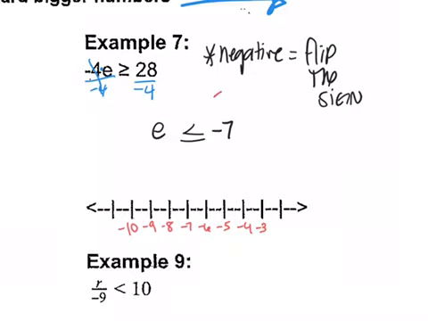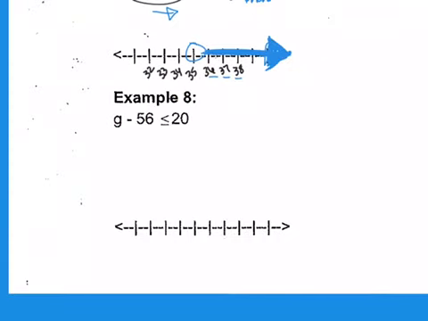So that's going to be a closed circle since it's got that line underneath it. So a closed circle on negative 7 because negative 7 could be a solution. My sign is facing this way, and it's saying it can be anything less than negative 7. Example 8, same thing.